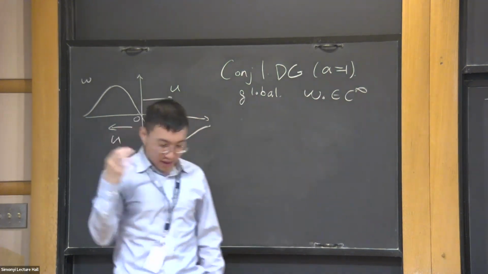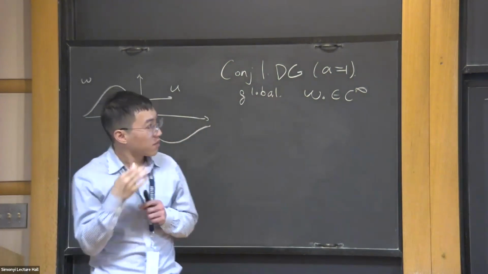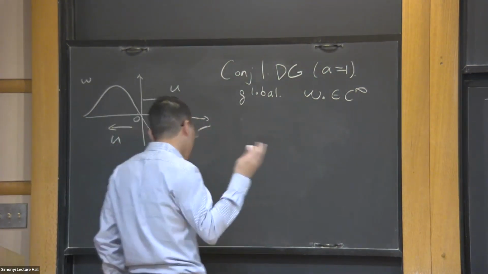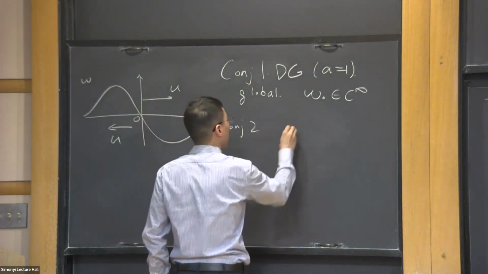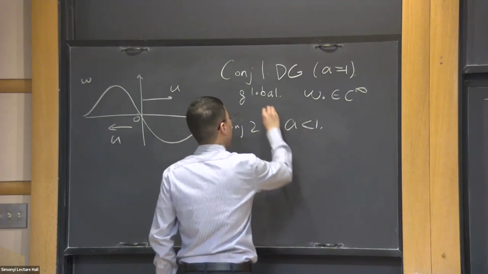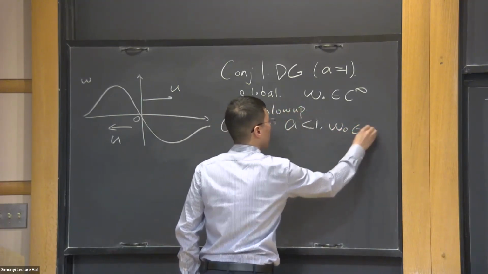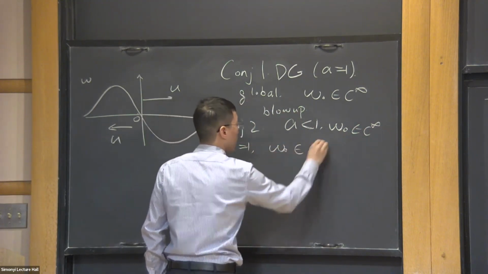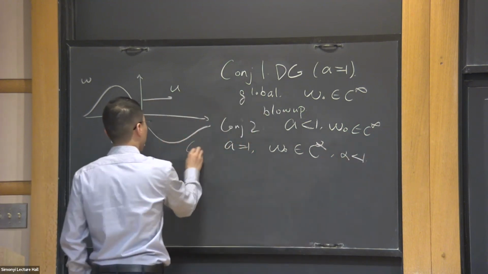The second and third conjectures are that this model can blow up in finite time for a less than 1 with smooth data, or when a equal to 1 with C alpha data. So this is conjecture 2, a less than 1. And for a equal to 1 with C alpha data, this is conjecture 3.